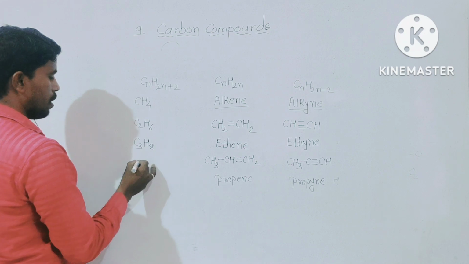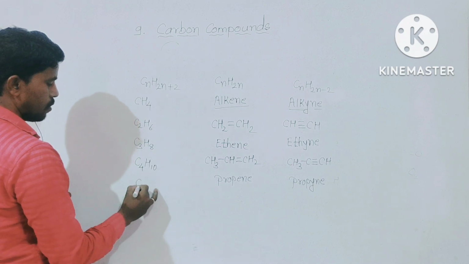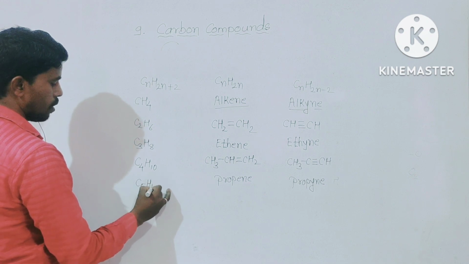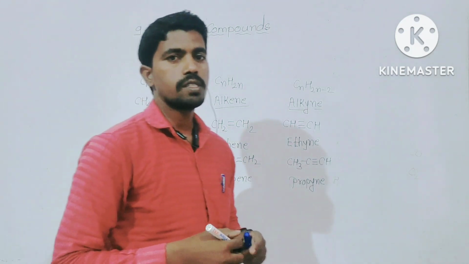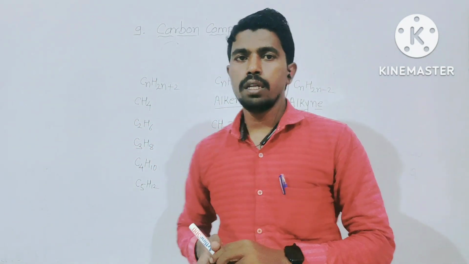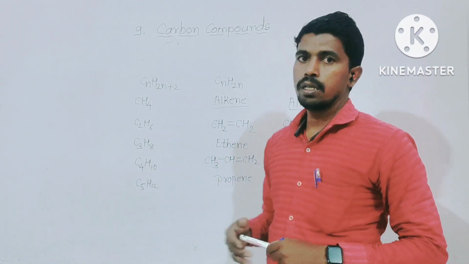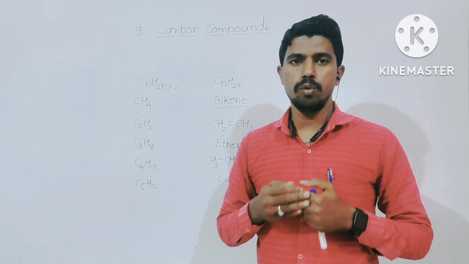First CH4, which is a methane, C2H6 ethane, C3H8 propane, C4H10 butane, C5H12 pentane. So these are the examples of saturated and unsaturated hydrocarbons. In saturated hydrocarbon, all the valencies are satisfied by a single bond.